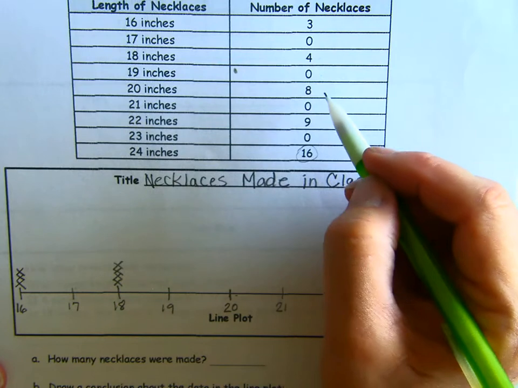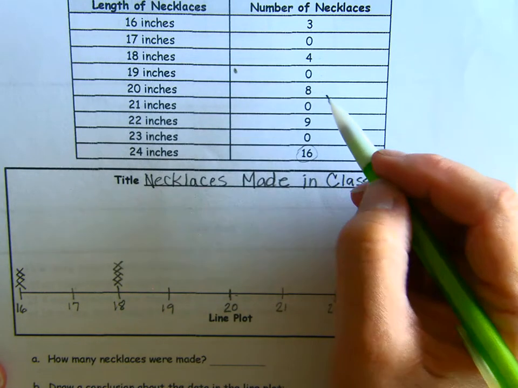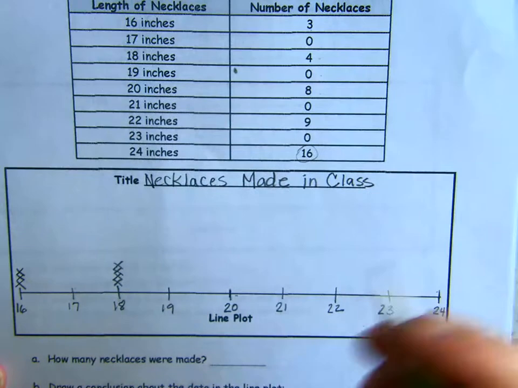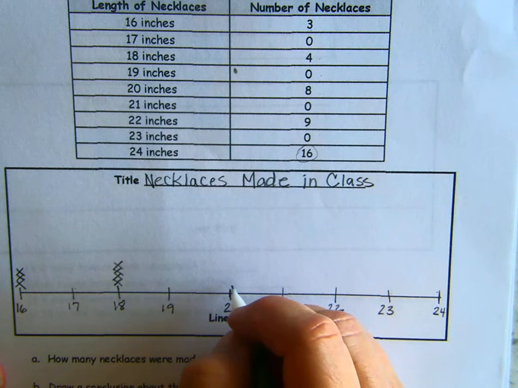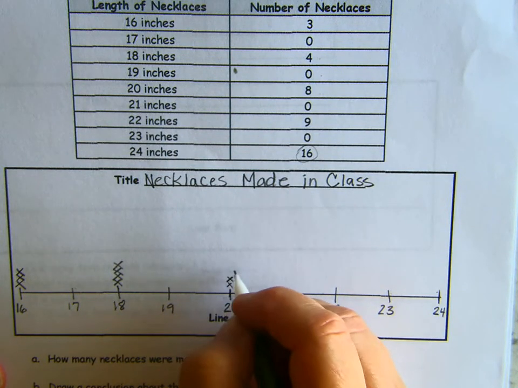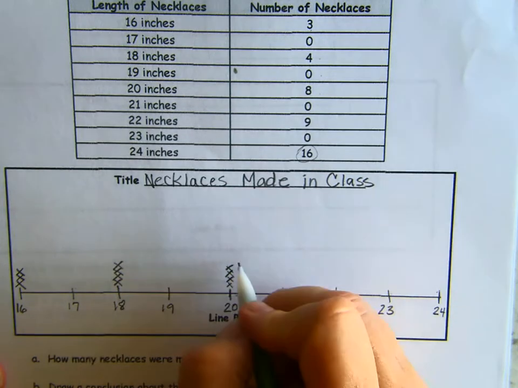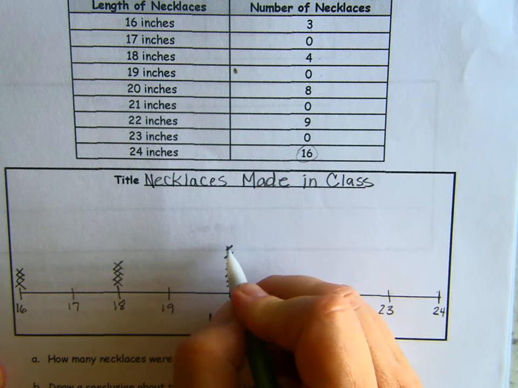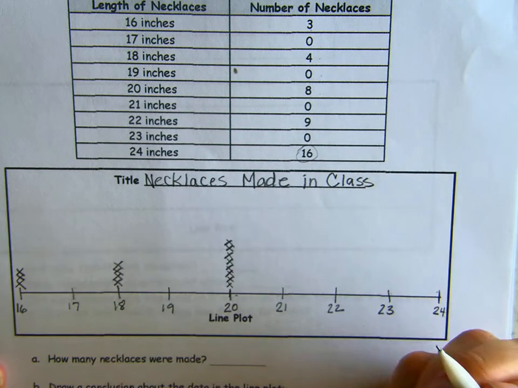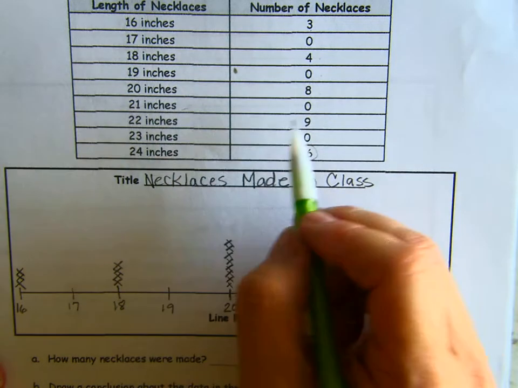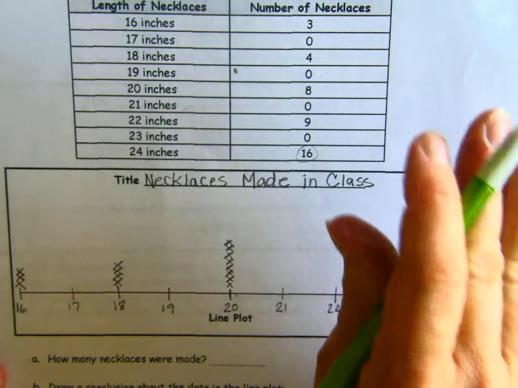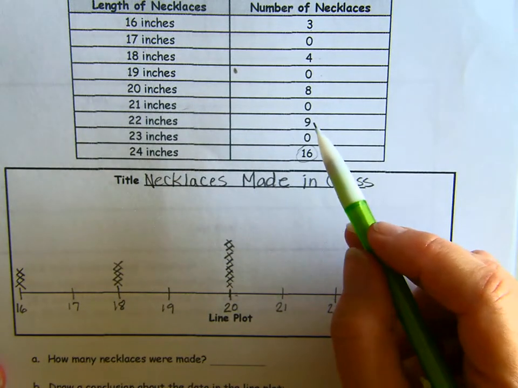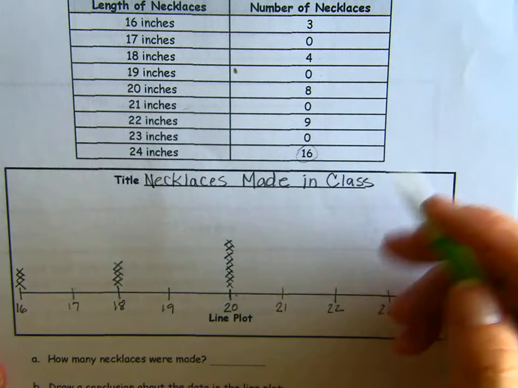Nothing at 19. Down at 20, wow, 20 has 8. So 1, 2, 3, 4, close. 5, 6, 7, 8. 21 inches, 0. 22 inches has 9.